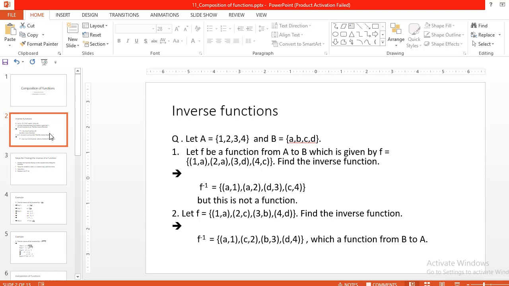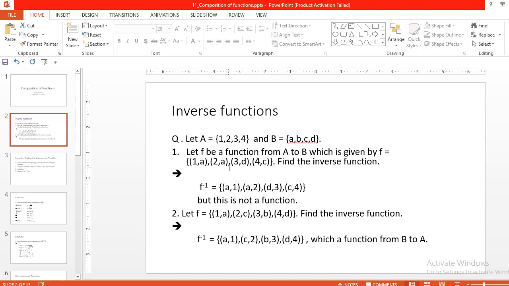Now in this lecture we will see some different examples of that function. So what is the question here? Let A equal 1, 2, 3, 4 and B equal a, b, c, d.